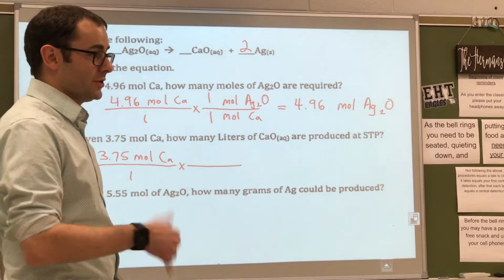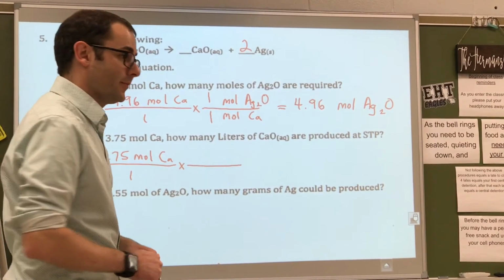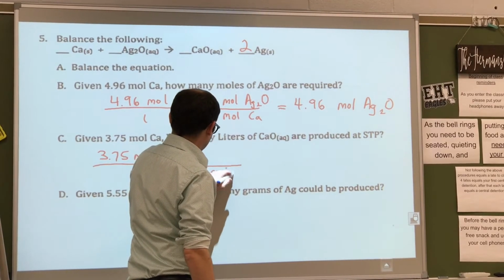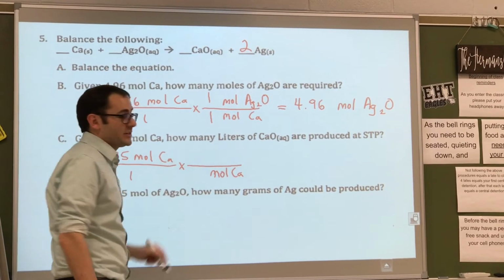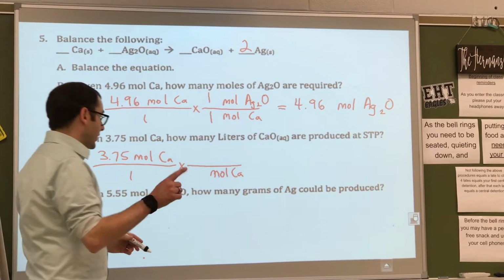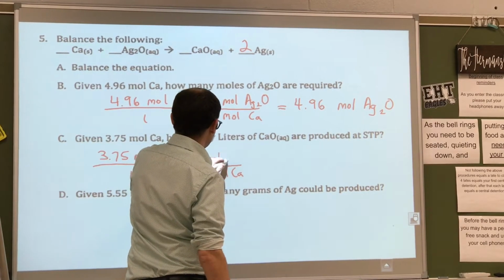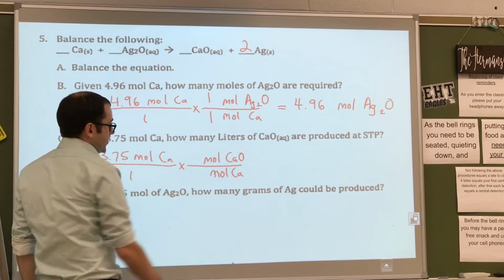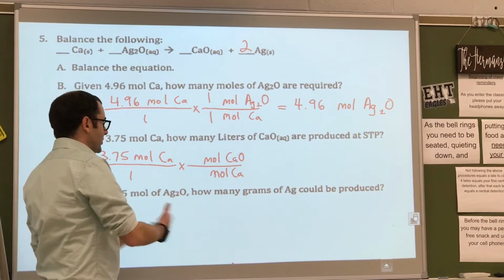What do we do first on the bottom? Good, moles of calcium, right? And then what are we going to put on the top? Okay, good. Yeah, moles of calcium oxide. Because don't forget, you need to do the switch first, right? You need to go from calcium to calcium oxide.